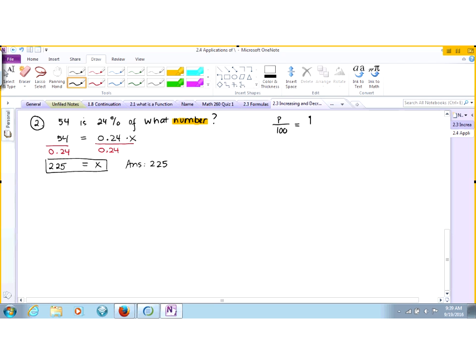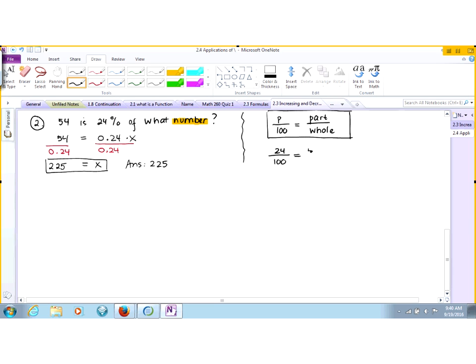Now, how do you do it using the other method? Again, P over 100 is equal to part over whole. Do I know P? Yes, P is 24. So 24 over 100.